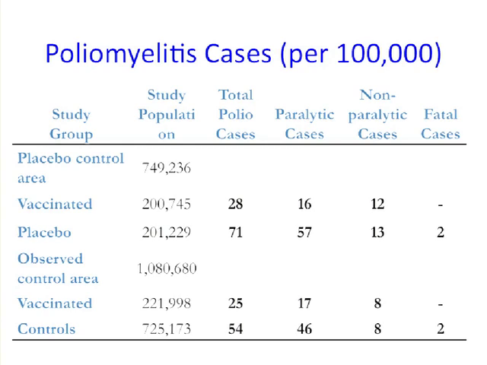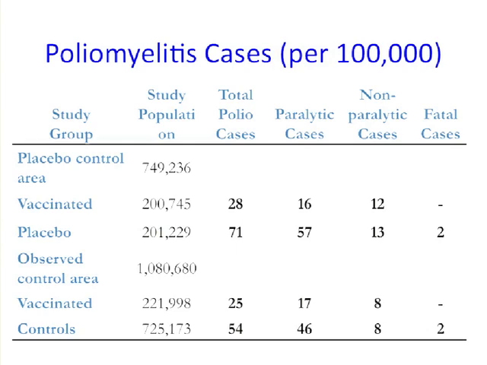So the placebo control area, meaning the randomized, double-blind controlled experiment, had 750,000 participants. And of those, roughly 400,000 consented, and they were split into two groups, the vaccinated group and the placebo group, roughly 50-50, so roughly 200,000 in each. Of the vaccinated group, there were 28 cases of polio per 100,000 children.